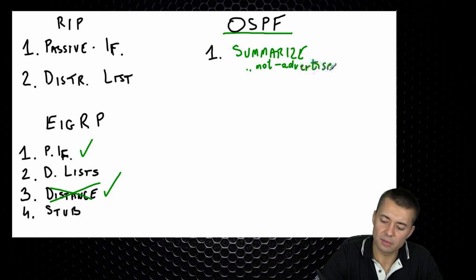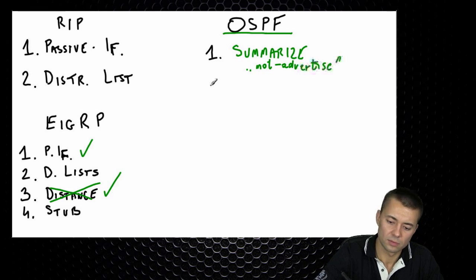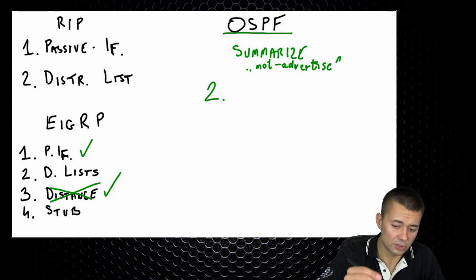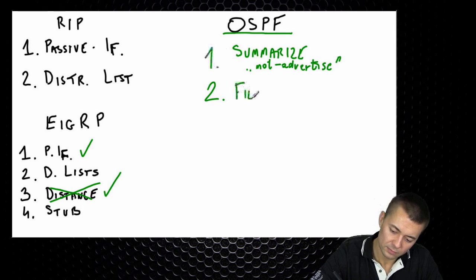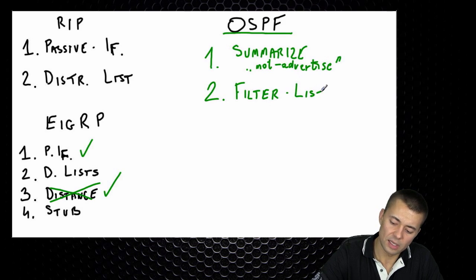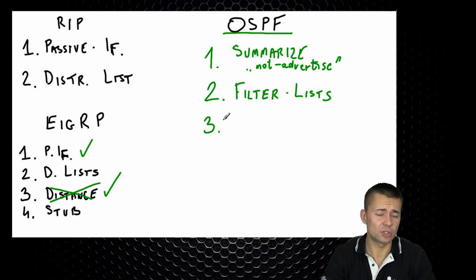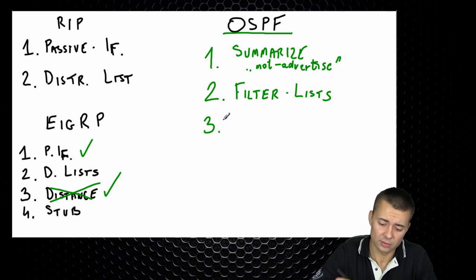And the other one is gonna be to use filter lists, so not distribute lists, but filter lists. And the third one is to change the type of the areas we use in the network.